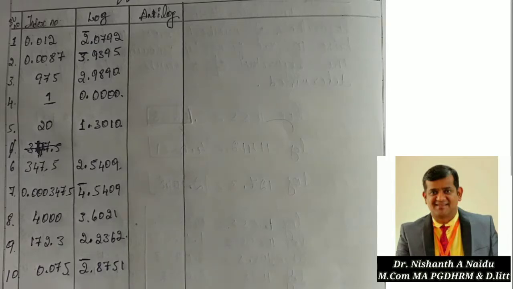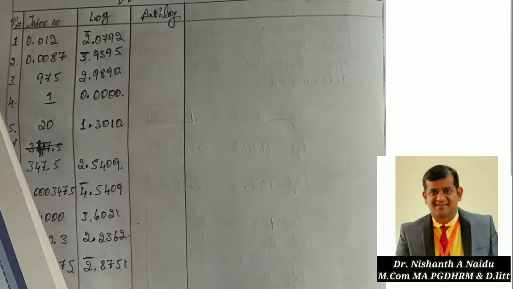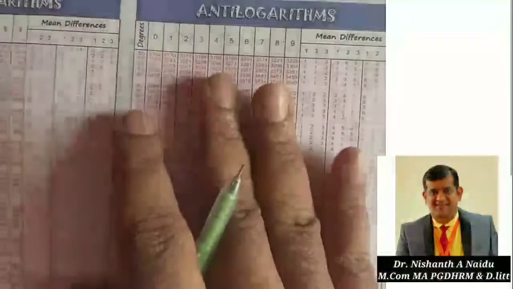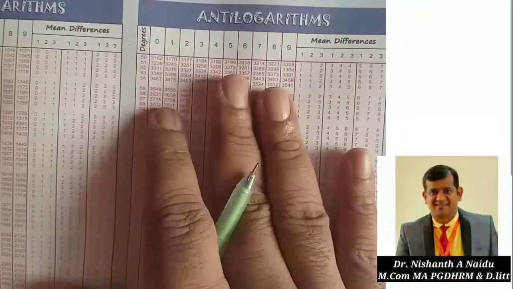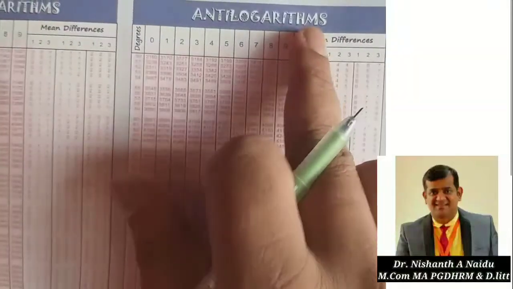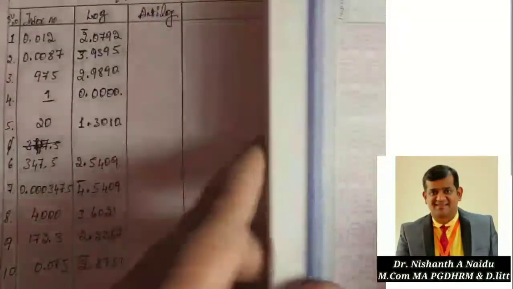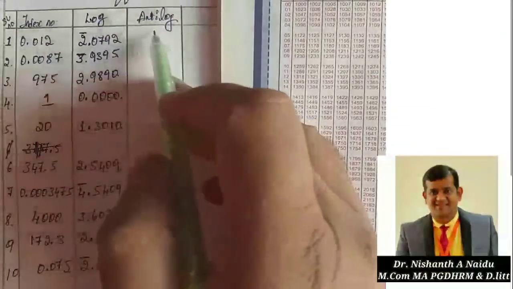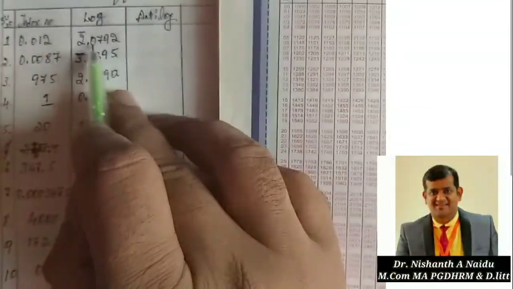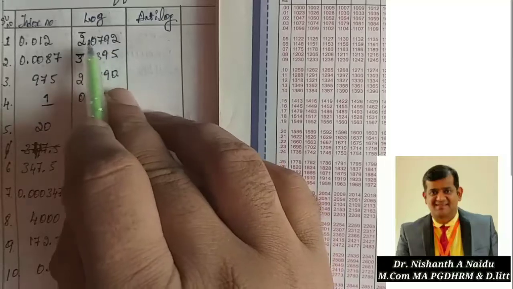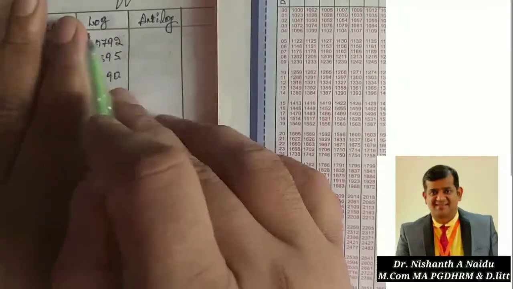So this is the anti-log table. See, anti-logarithms. With the help of this, we have to fill this column. See, while calculating the anti-log value, what you have to consider? You should consider only the mantissa. You should not consider the characteristic.